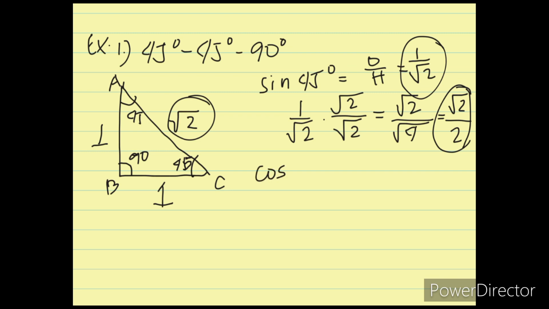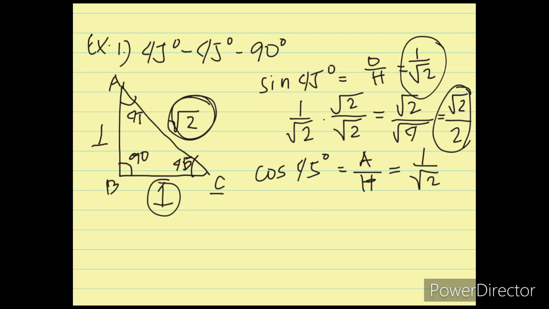How about the cosine of 45 degree? In solving the cosine, the formula is adjacent over hypotenuse. So our adjacent to angle C is 1, and our hypotenuse is still square root of 2. Again, the same process.